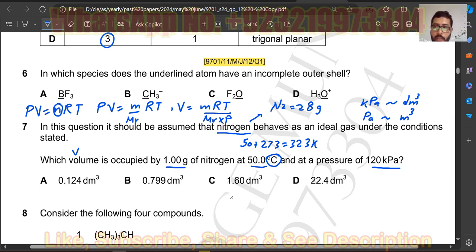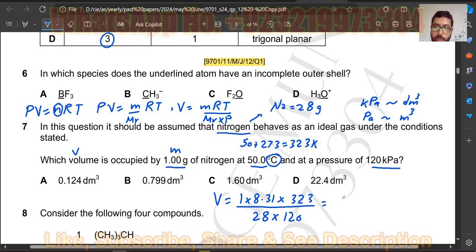Now I will put the values in the formula of volume. V has the value of 1 gram, which is the mass of the nitrogen, into the value of R, which is 8.31, into temperature, which is 323 Kelvin, divided by relative molecular mass, which is 28, times the pressure, which is 120.